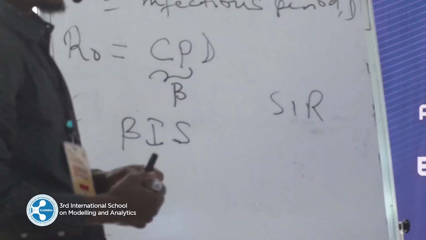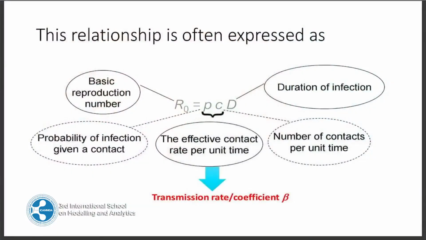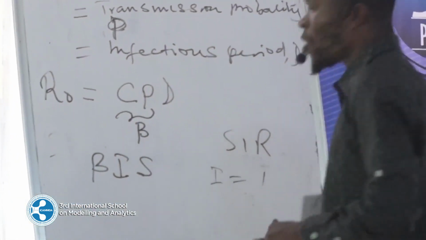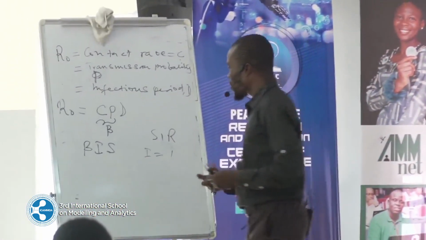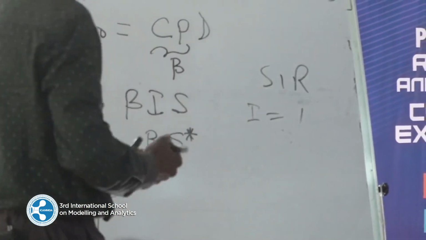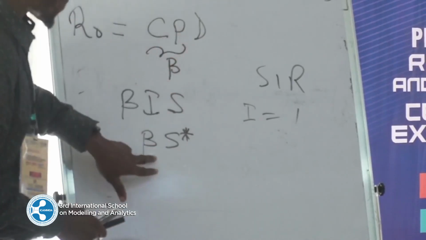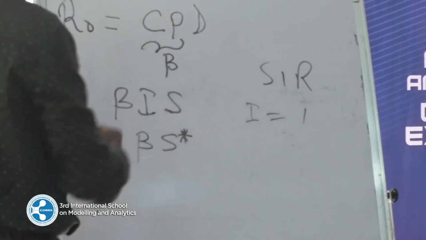Beta I S, isn't it? And this will happen, we just need this to happen with an index case, isn't it? So if you now put I equals 1, because we are looking at the secondary infection, we are going to have beta S star, right? This is CP, right? Then we need the duration, right?